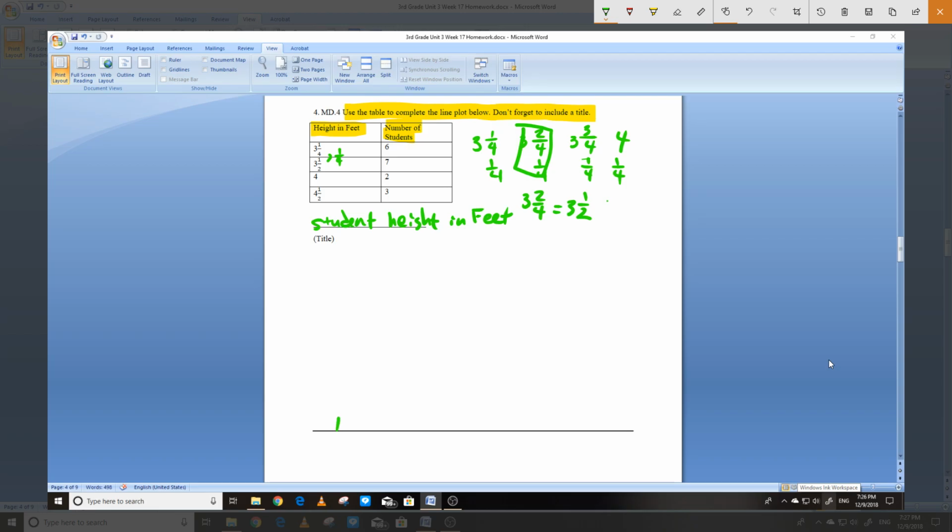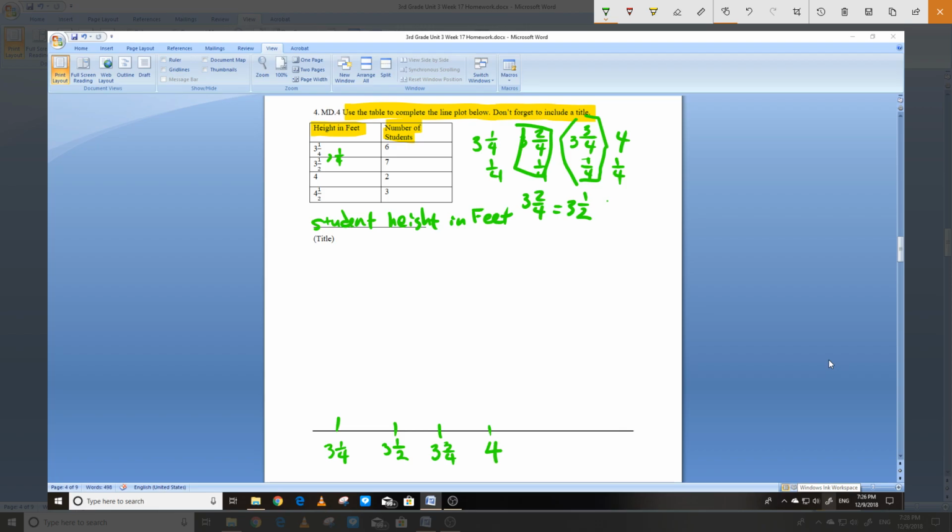Okay? So this jumped by 1/2. So the first hash mark is for 3 and 1/4. The second one, 3 and 1/2. The third one, they did not do any marking here, right? There's nothing for 3 and 3/4. But I'm going to draw a hash mark anyway. 3 and 3/4, 4.